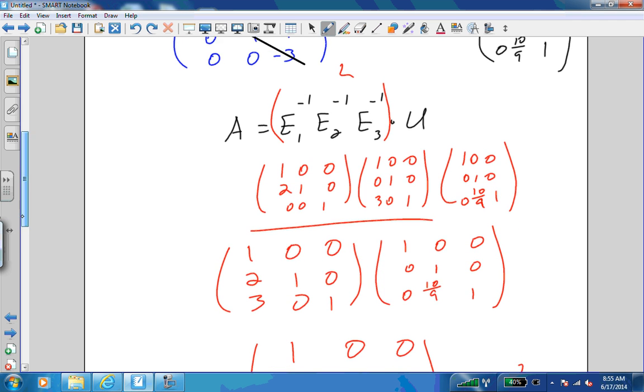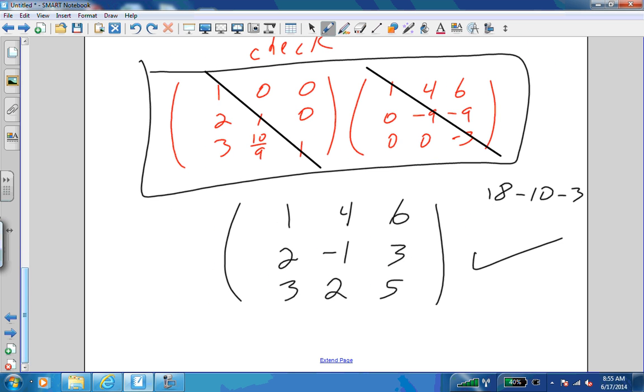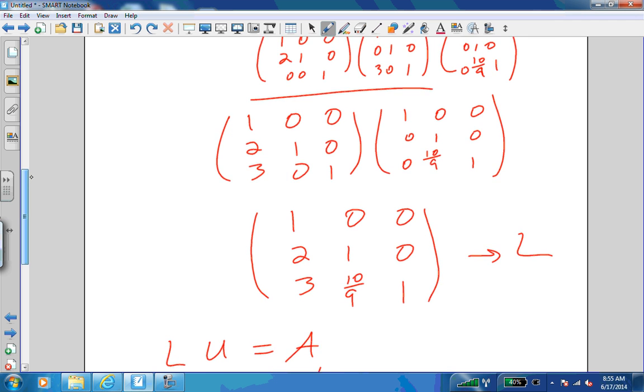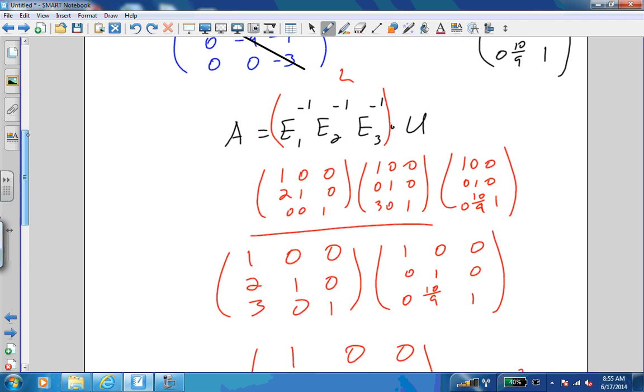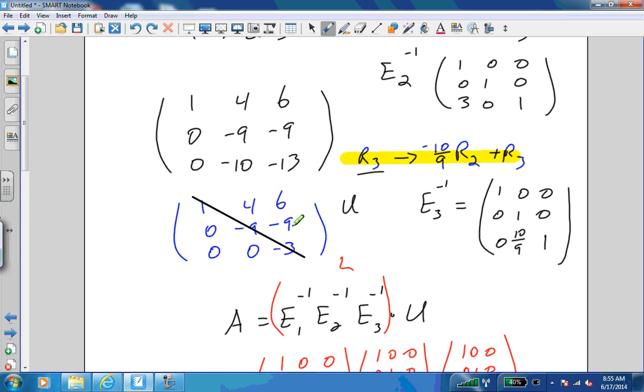So I should be careful with my terminology. Then after we get our upper matrix, our lower is just a product of the inverse elementary matrices that it took to get our upper.